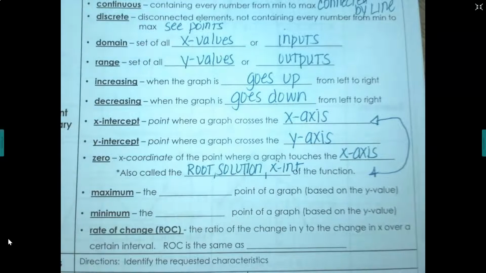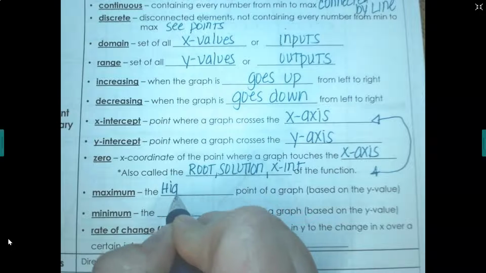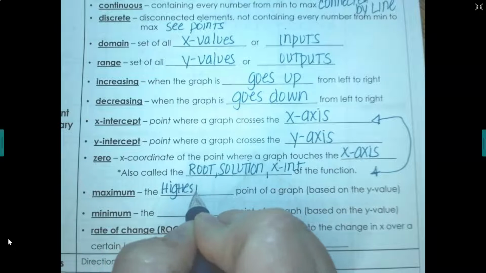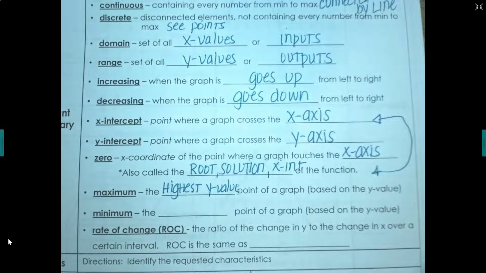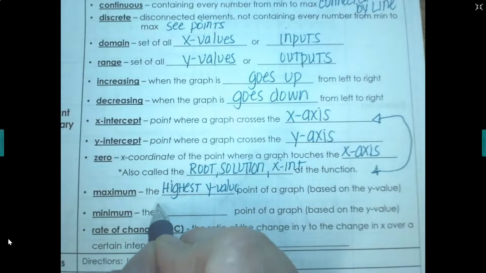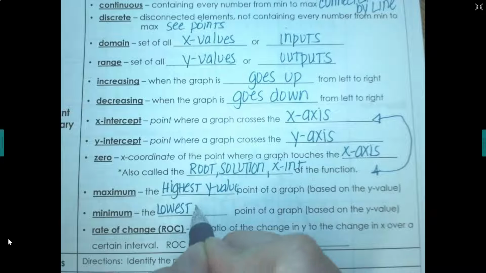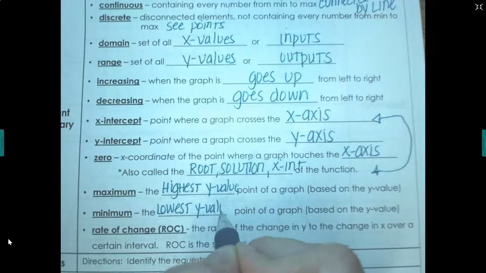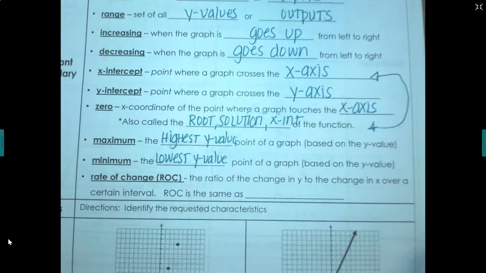They're pretty much the same thing. Your maximum is the highest y value on the graph. Your minimum is your lowest y value on your graph. So you'll see them show up in your ranges too, because they're mentioned in the ranges.